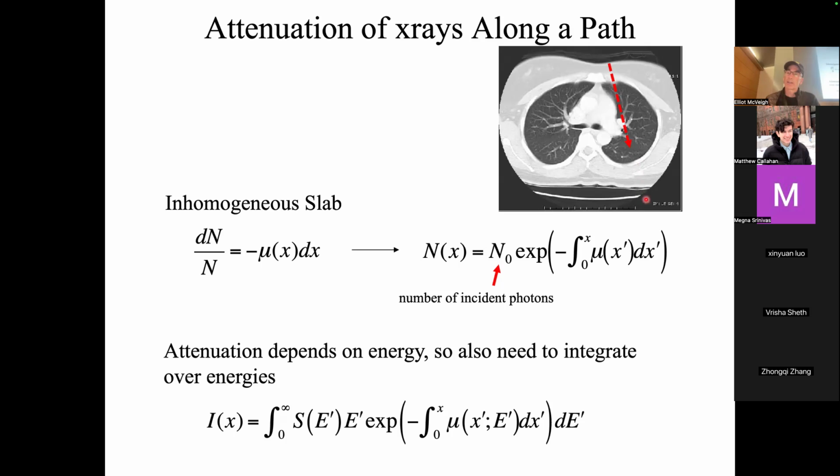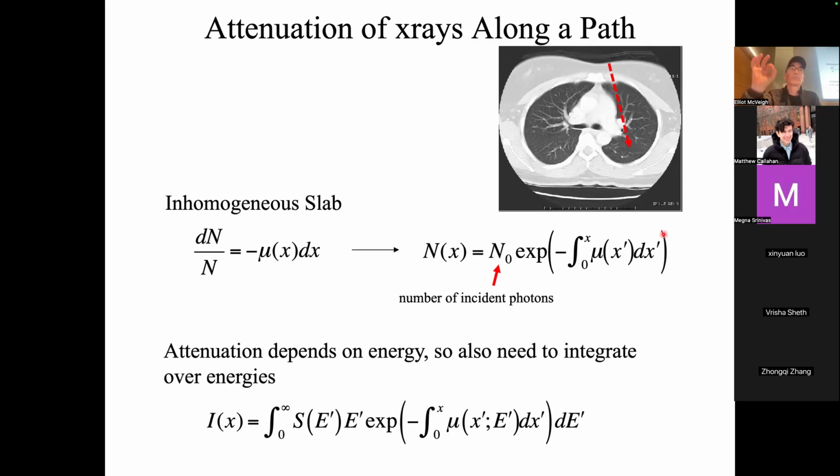And so the way you model that is with a function that is the linear attenuation coefficient as a function of position along your pathway. What we're going to do is integrate those values all the way through the patient on that trajectory, and that will give us our total amount of X-ray absorption for that path.